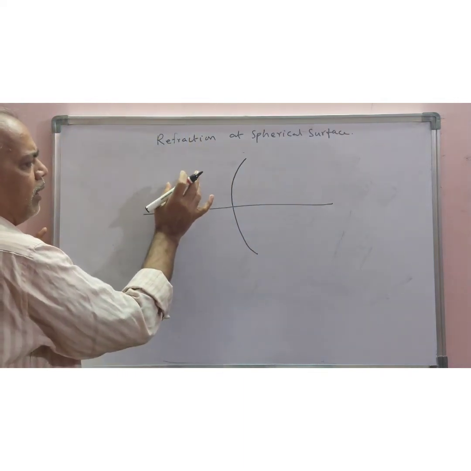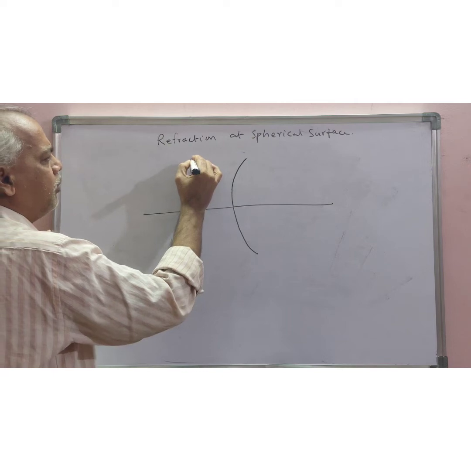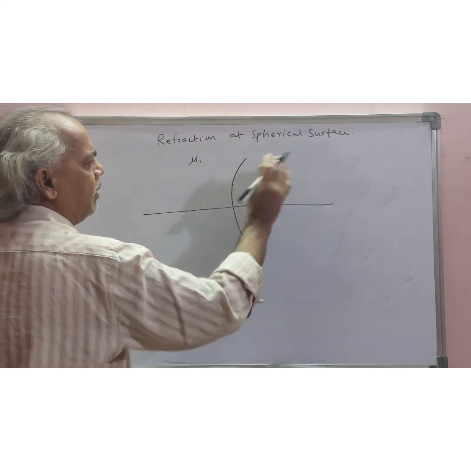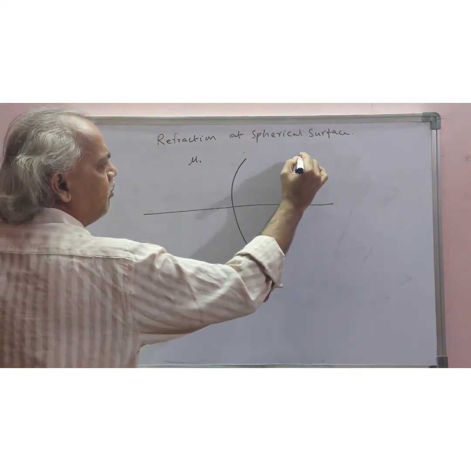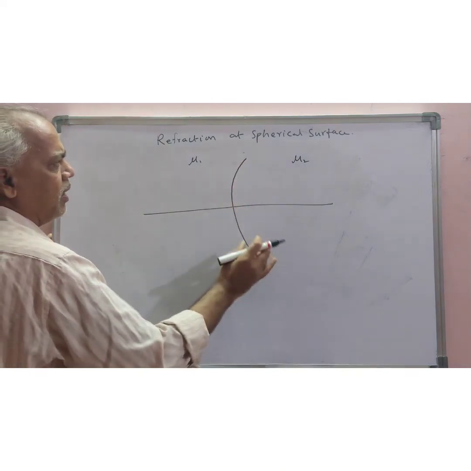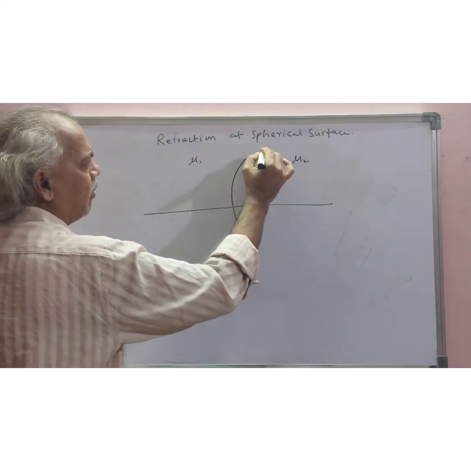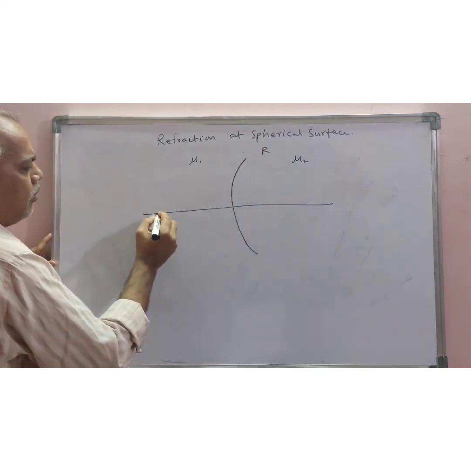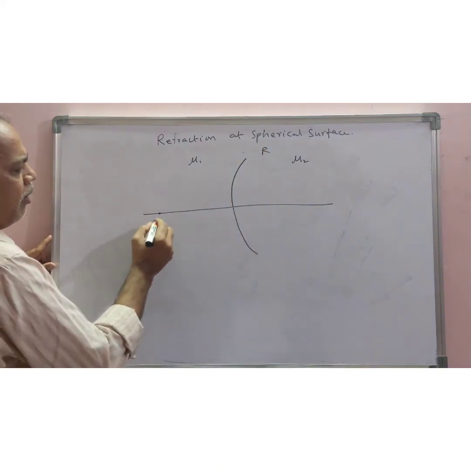The refractive index of this rarer medium is say mu1, and the refractive index of this denser medium is say mu2, and the radius of curvature of this spherical surface is say r. We place an object O here.